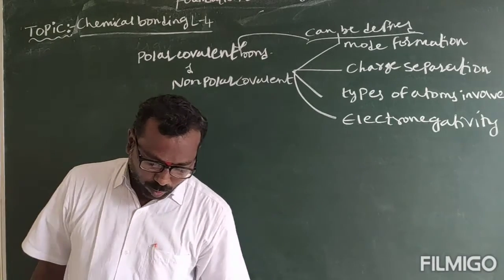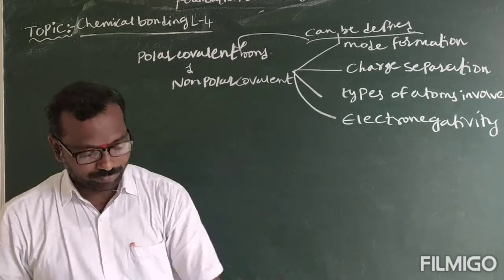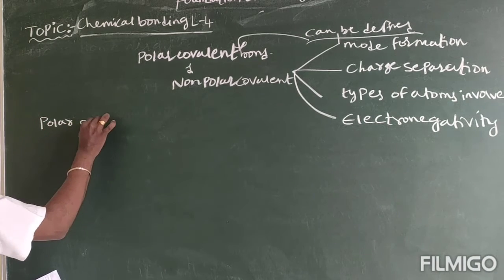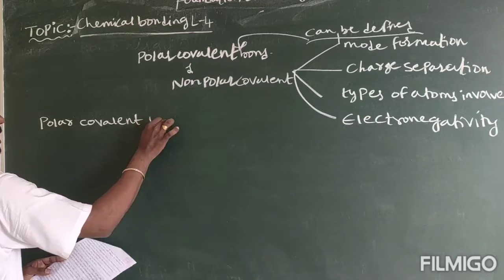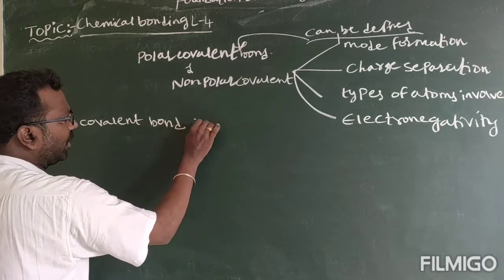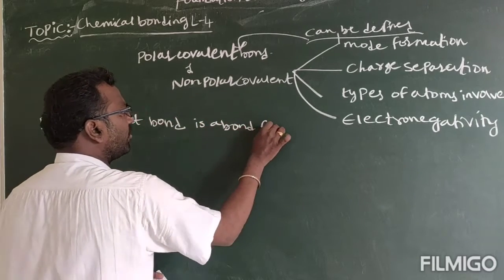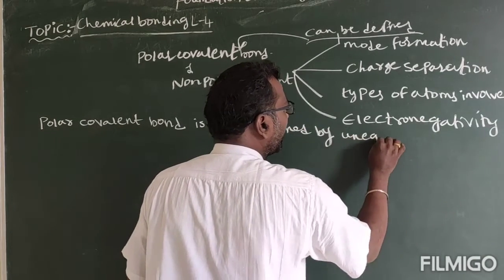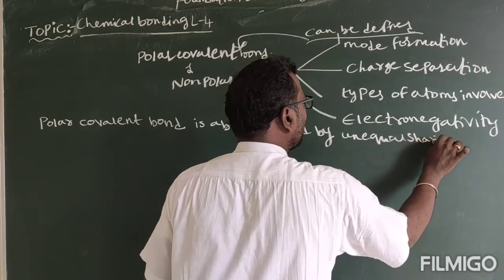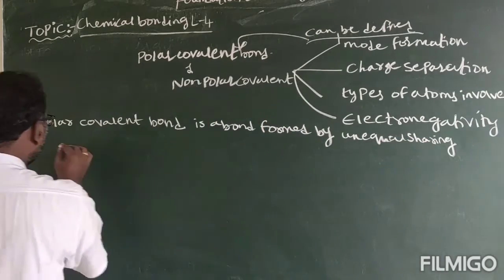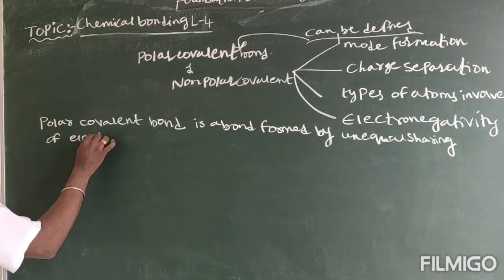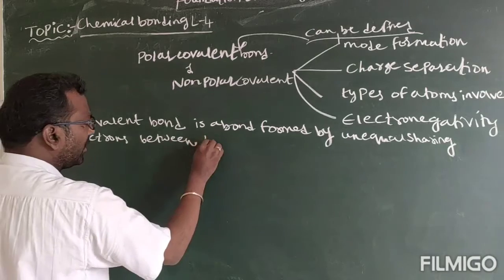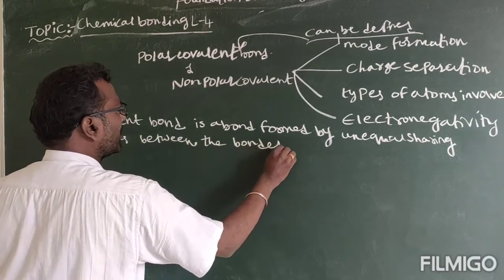Okay, what is a polar covalent bond? First, on mode of formation we will see. A polar covalent bond is a bond formed by unequal sharing of electrons between the bonded atoms.